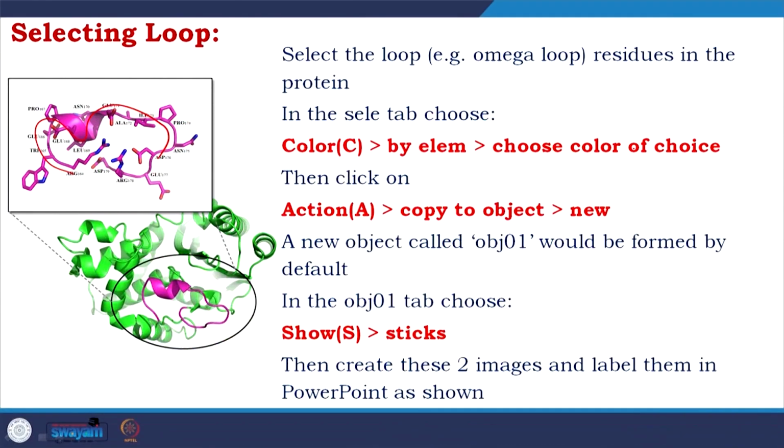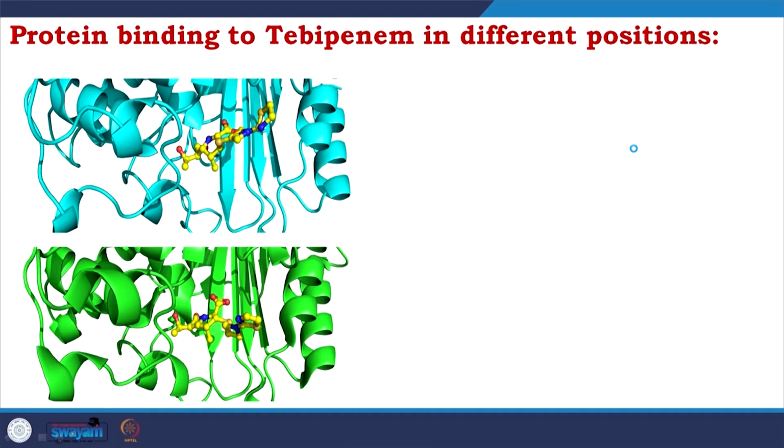Again I am switching. So, if you remember, I have shown you the differential binding of the tebipenem in two structures. This is because in one there is a mutation, as I have shown you earlier. The mutation is lysine to alanine, and because of this mutation the lysine could not take the proton from the serine, so the serine could not react.